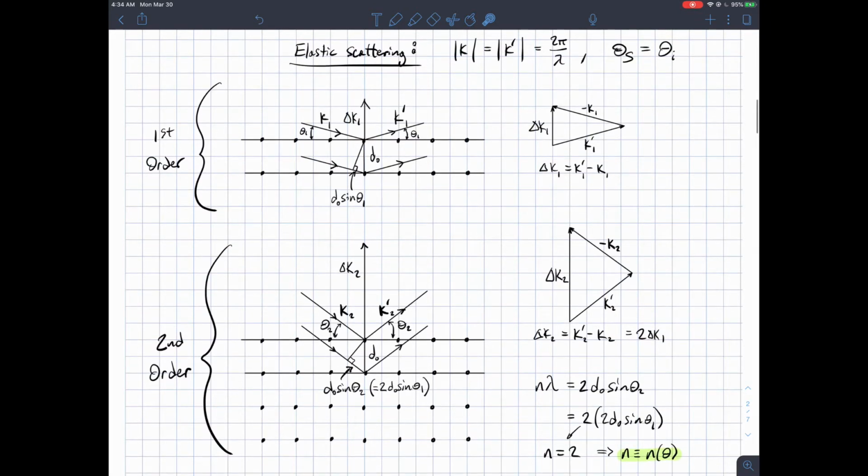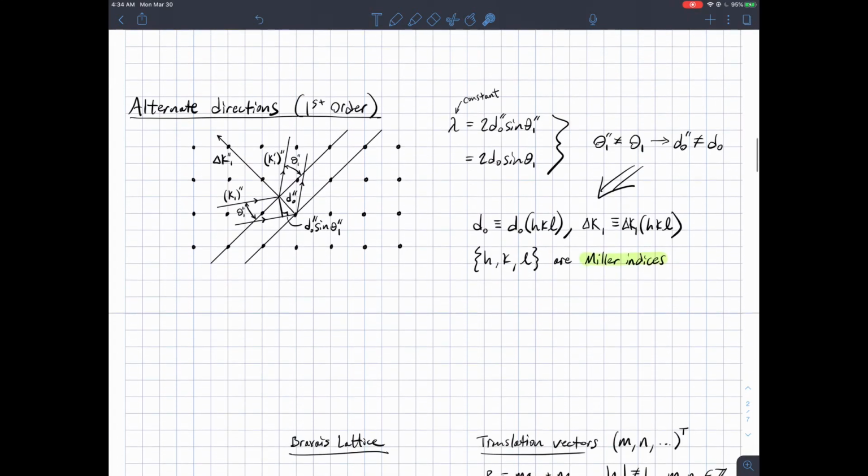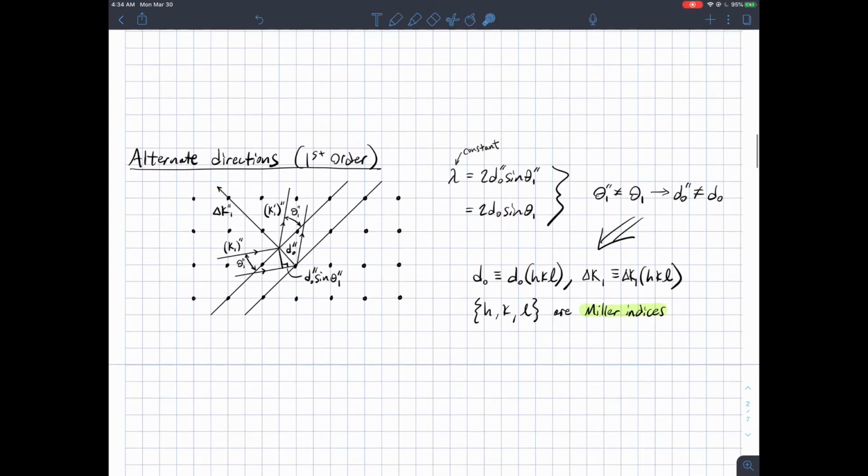So our angle theta is a function of the order, or vice versa. So for alternate directions, we have all the same mechanisms. We have first order, second order, whatever. Because for alternate directions we still have the same wavelength, the Bragg condition has to hold for any direction that we're talking about.